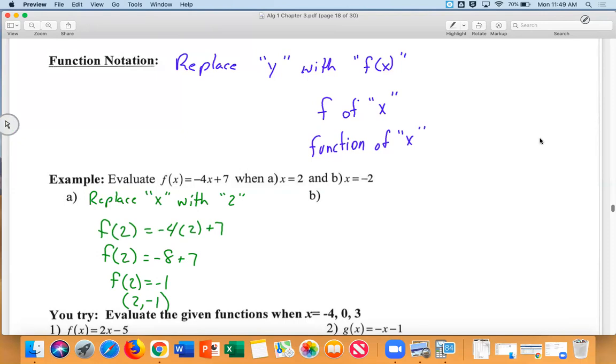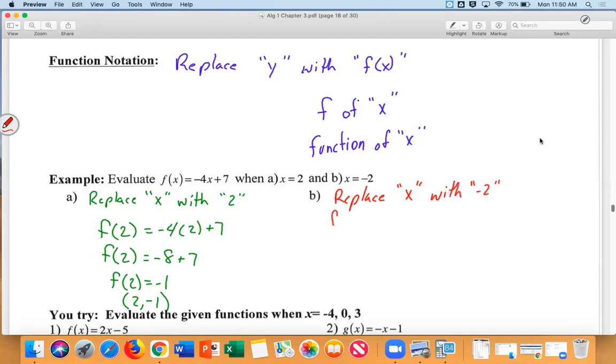Now, it's saying, what is f of negative 2? So scroll to negative 2 on your calculator. And what did you get? 15. So this is saying replace x with negative 2.